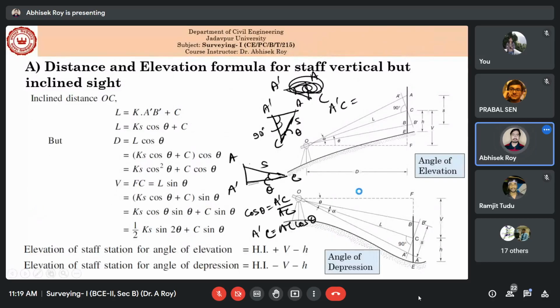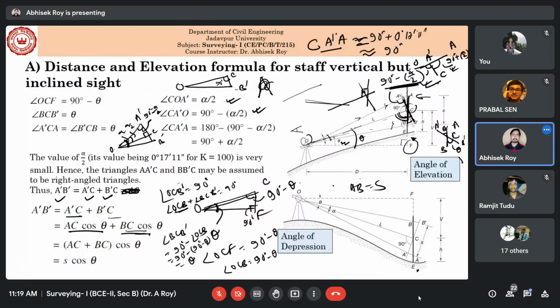So that will be S. So AC plus BC will simply be the stadia reading.